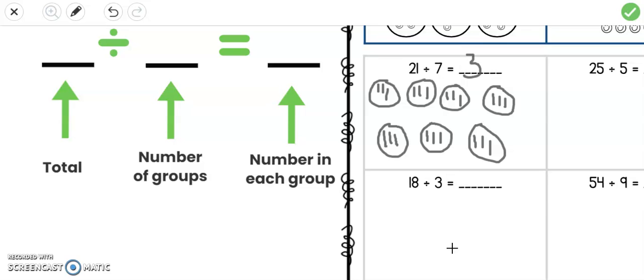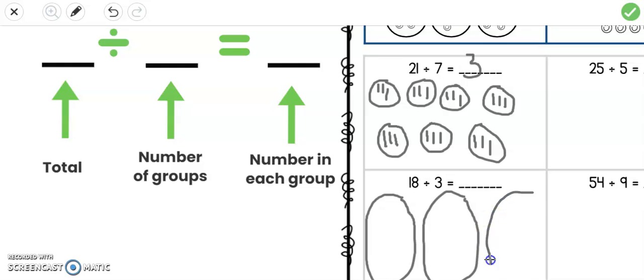So let's start by drawing those 3 groups, since I know that's how many I have. 1, 2, 3.